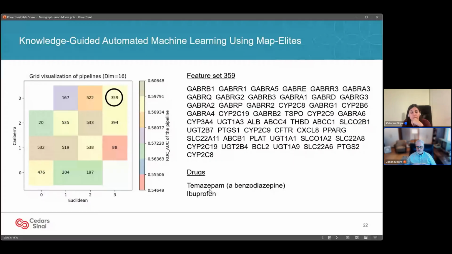It targets neurotransmitter genes. These GABR are GABA receptors. This is a class of genes that code for proteins that are involved in neurotransmission. So the more active these genes are, the more heightened state your brain has. And what temazepam does is it dampens the signals through those GABA receptors in the brain.